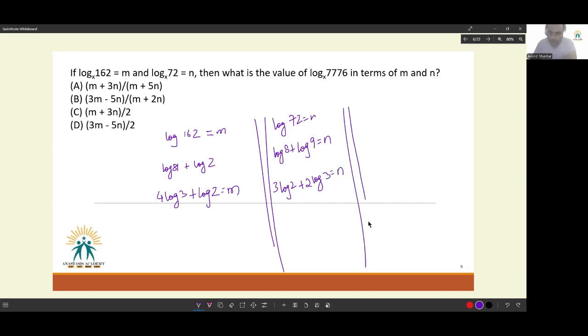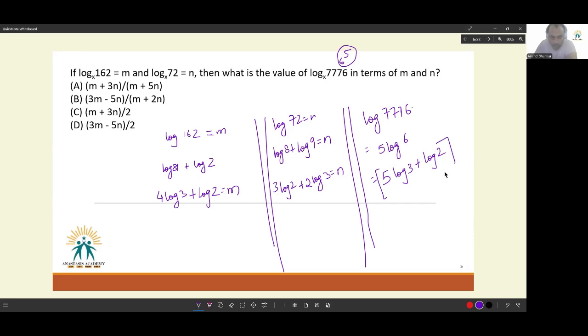Now this final 7776, some of us may recognize it, some of us may not. This is 6 raised to the power 5. With that known, I can say log of 7776 will be equal to 5 log 6, which can be written as 5 (log 3 plus log 2).